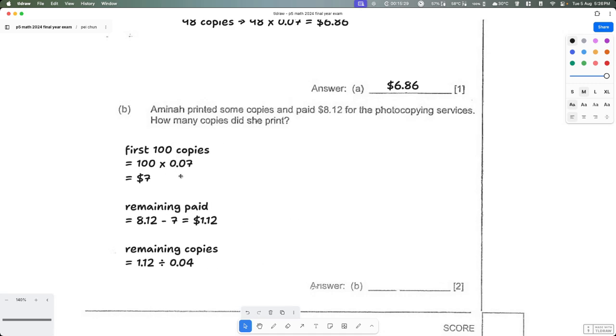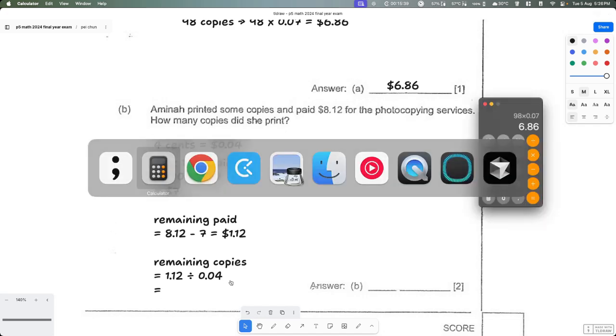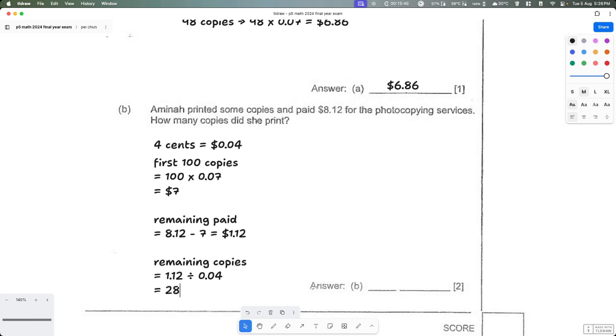I'm just going to put here that 4 cents is equal to $0.04. From here, 1.12 divided by 0.04 will be 28 copies. Then the total will be 100 plus 28, which is 128. So the answer is 128 copies.